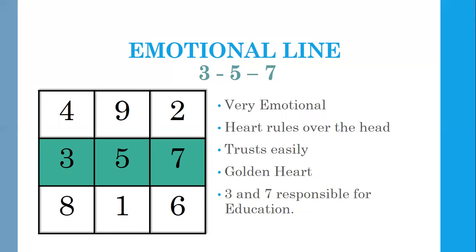The numbers 3 and 7 are also helpful for education. If you don't have 3, 5, 7 in your Loshu grid, you may be a rigid person.